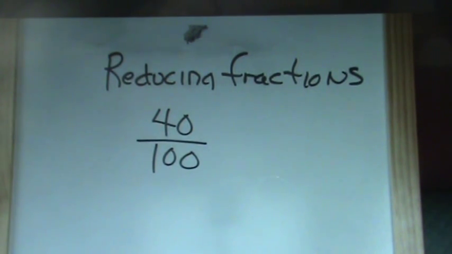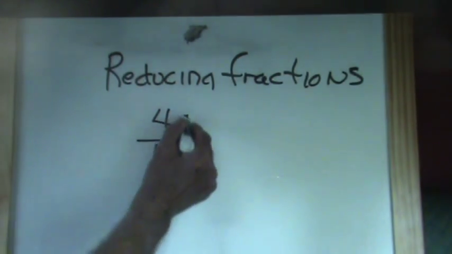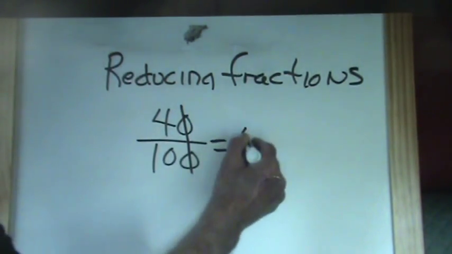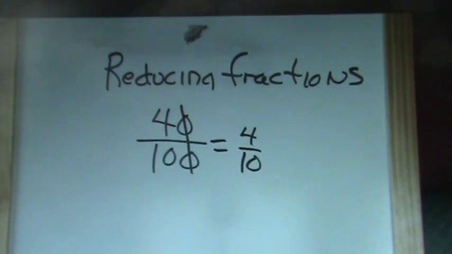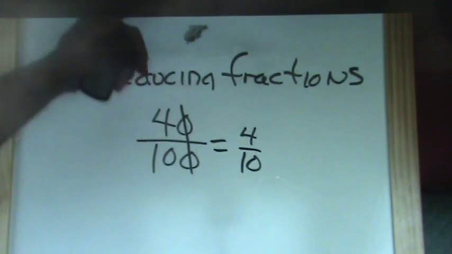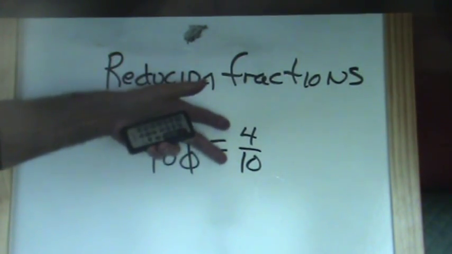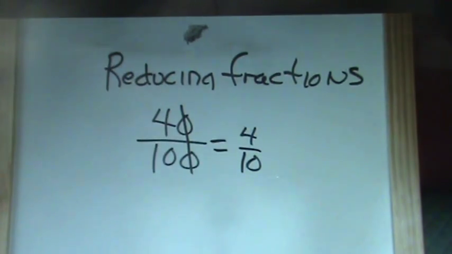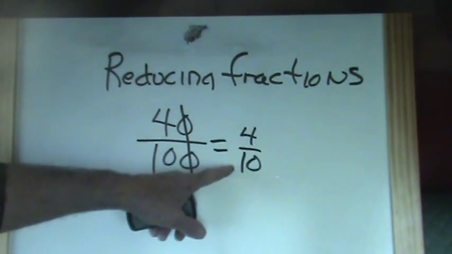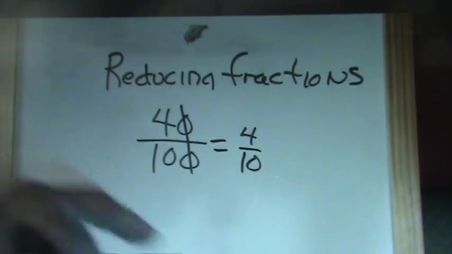Let's take this fraction, 40/100ths. Well, we have zeros, so we know we can cross out the zeros, and we have 4/10. Now we have to say to ourselves, is this its lowest name? Is there a number that will go evenly into 4, and the same number will go evenly into 10, other than the number 1? We don't use 1.